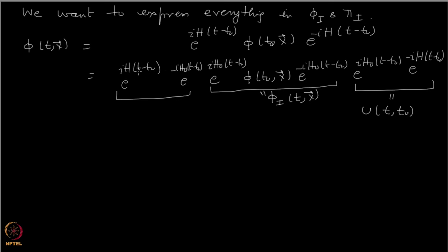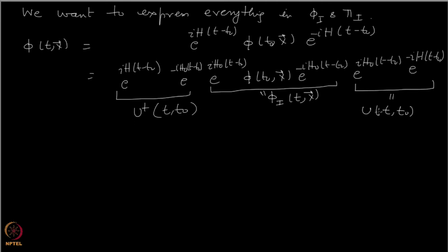See, H naught and H are both Hermitian, so when you dagger, only the sign of i changes and the order changes. When you dagger this one, this factor goes to the left with a plus sign, which is exactly what you get here, and this one becomes the second one. So this is U dagger of t naught, t.